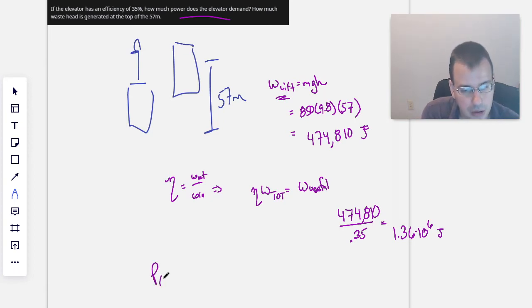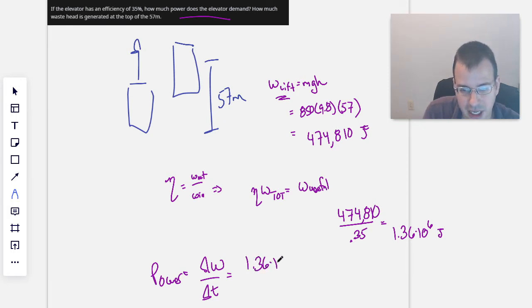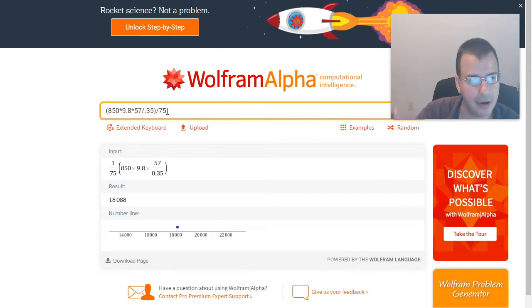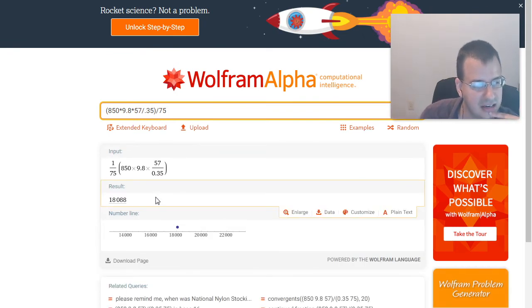So now power is going to be change in work over change in time. Actually, we'll just call this work done over a period of time. So it's going to be 1.36 times 10 to the 6 divided by 75 seconds. And that is going to give us, with some parentheses, divided by 75, 18,000.